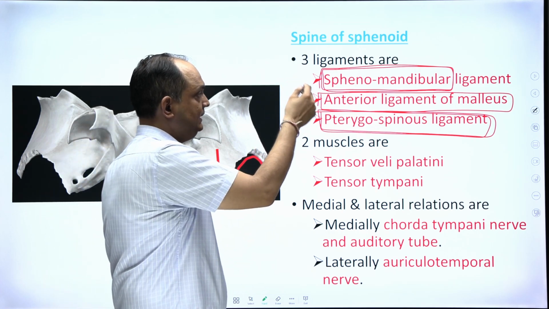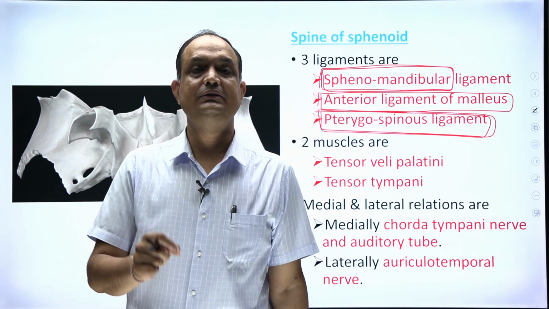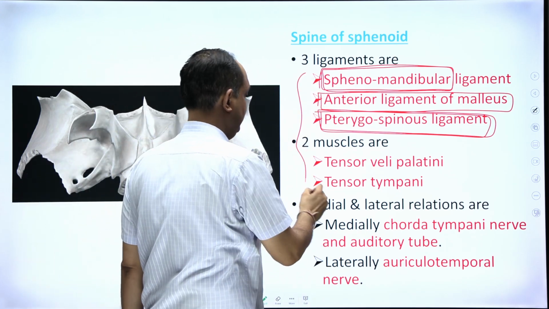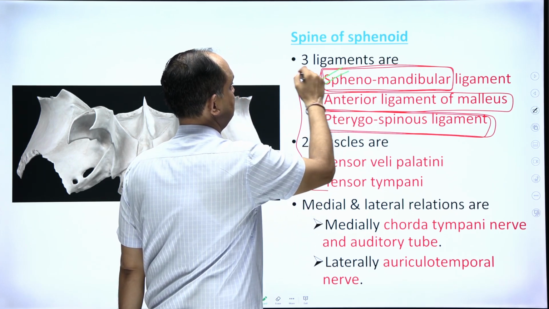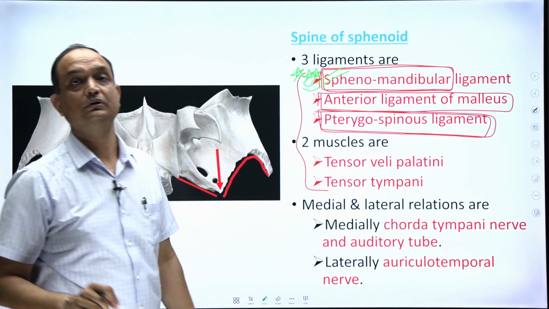Now, regarding the most consistent attachment, some books say only one attachment is on the spine. So of all five, if I have to take only one, then the answer is this. This is the most constant attachment on the spine.